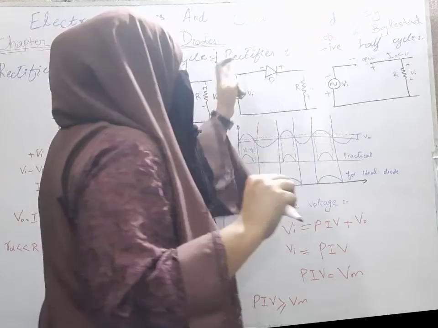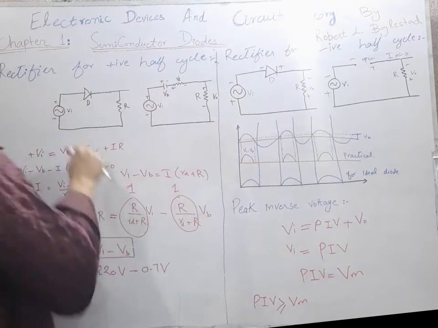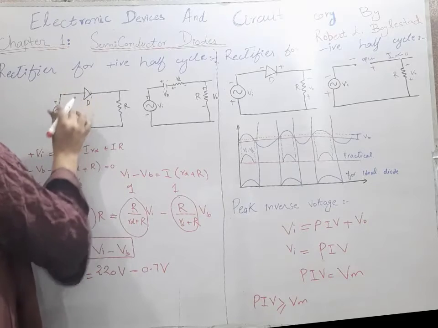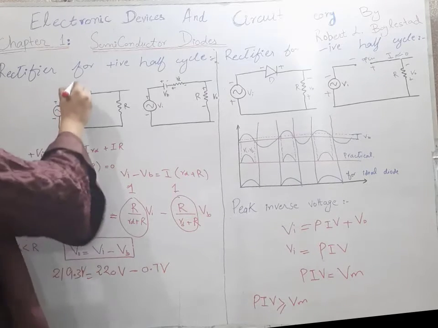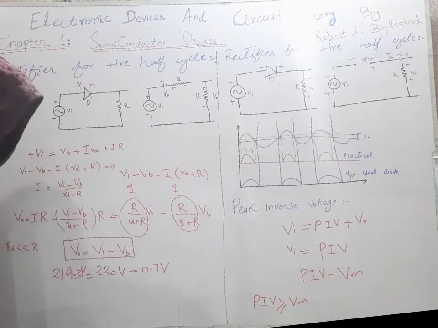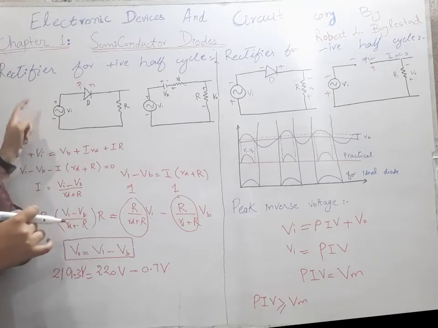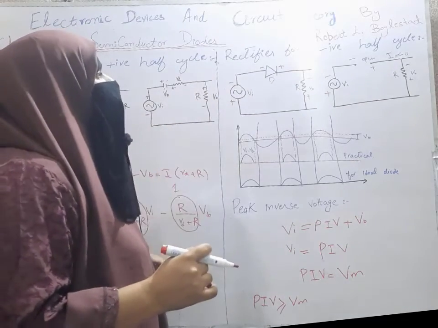Now for the negative half cycle, our diode, this is our P side, and the P side is connected to the positive terminal of the transformer. When the negative half cycle comes, the P side is connected to the negative terminal of the transformer.